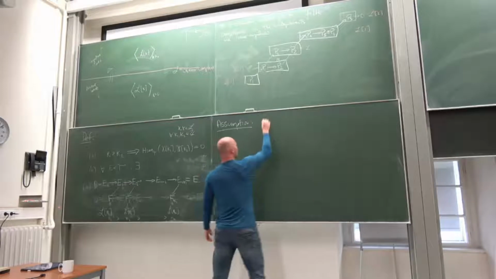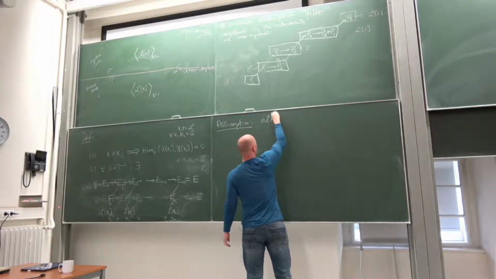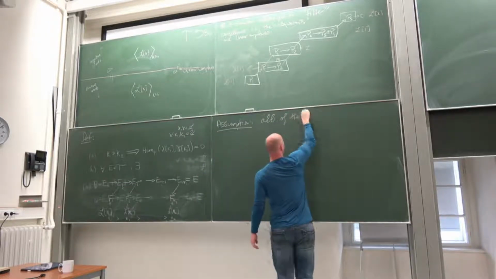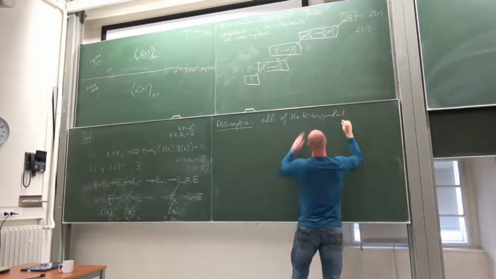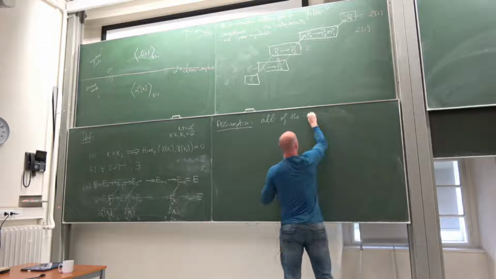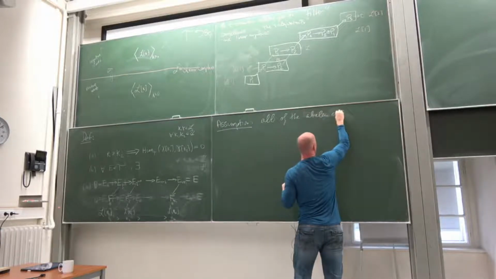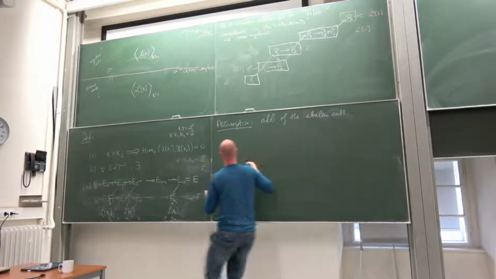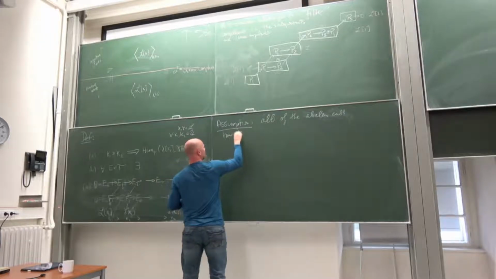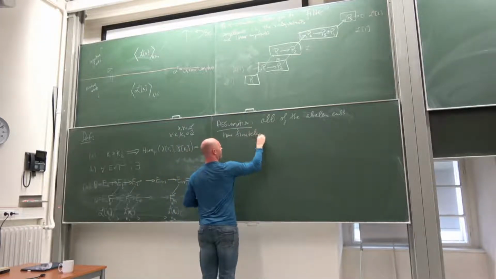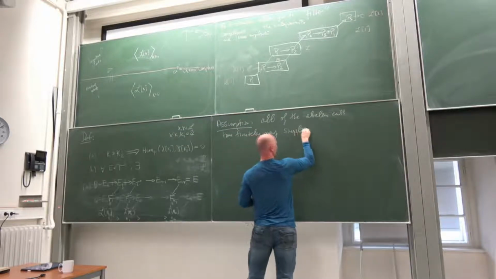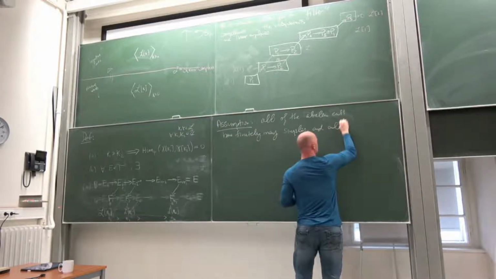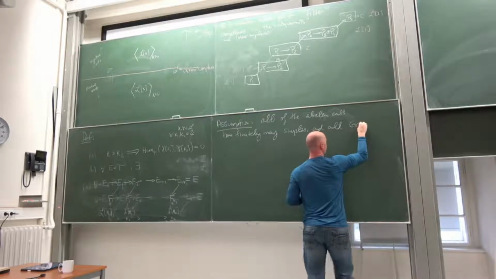But for us, all of the triangulated and abelian categories have finitely many simple objects, and all Grothendieck groups are finite rank.